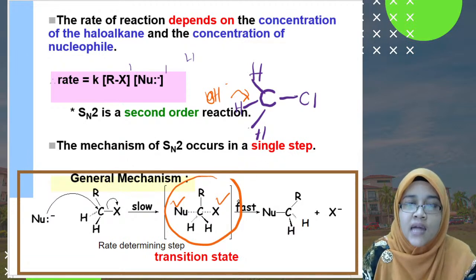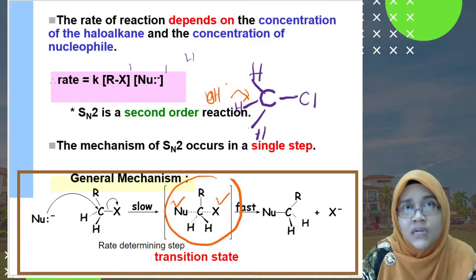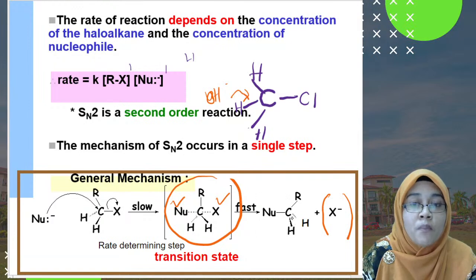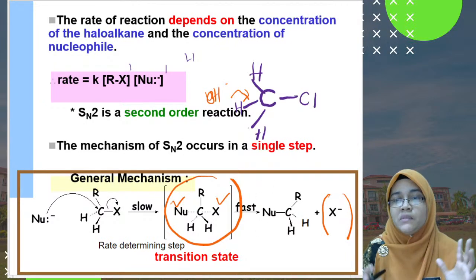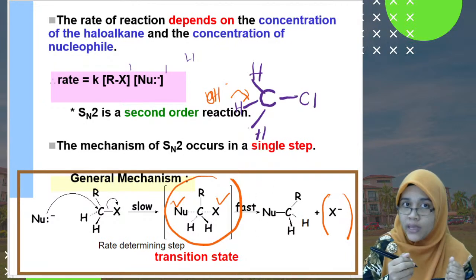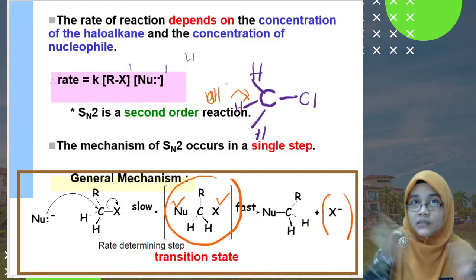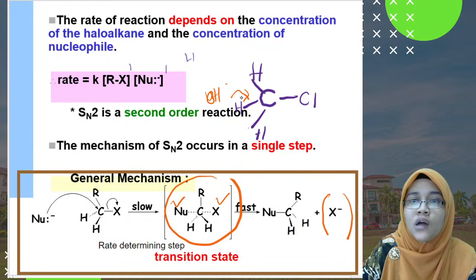So this halogen will be kicked out from the haloalkane, and we will form a new compound. Very simple. It looks like an umbrella: originally the umbrella looks like this, but finally it is pulled backwards, because OH has come in here.